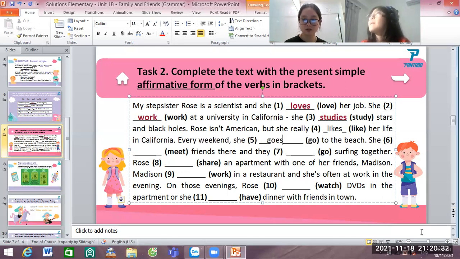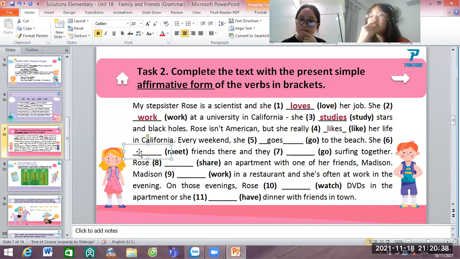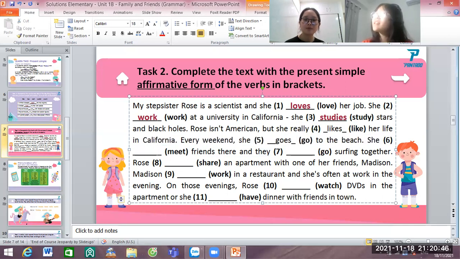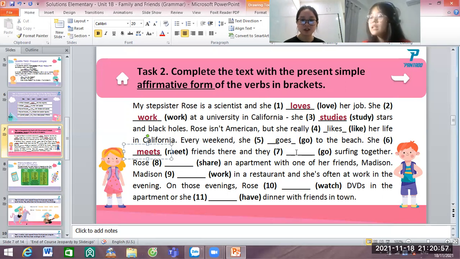Very good. Number 6. She meets. Meets. Good.